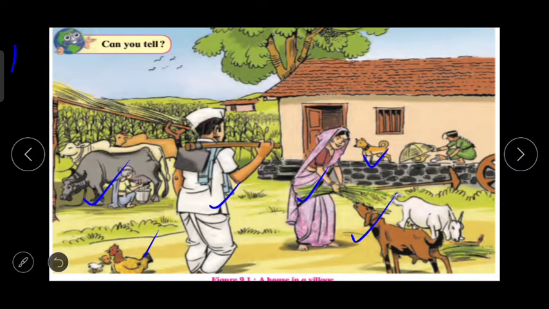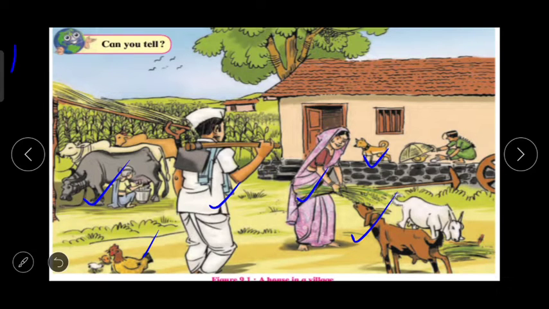Then, why has the family kept goats and hens? You have to discuss this with your friends, or answer this question by discussing with your classmates.